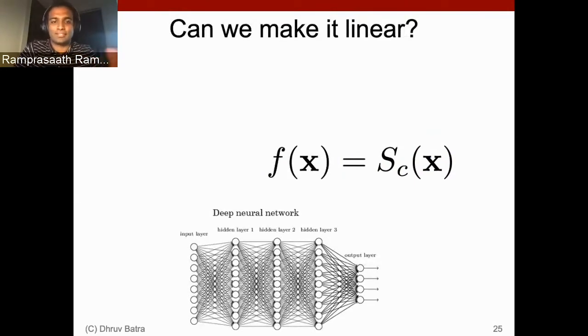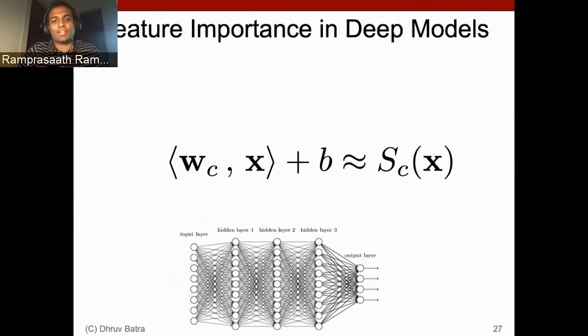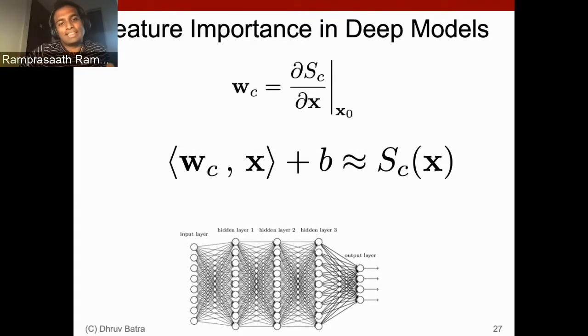At least we can have this assumption using Taylor series, where you can linearize this network. And once you do this, if you linearize the network this way, these weights would essentially be the gradient of the score for the particular class that you care about with respect to these input pixels, right?